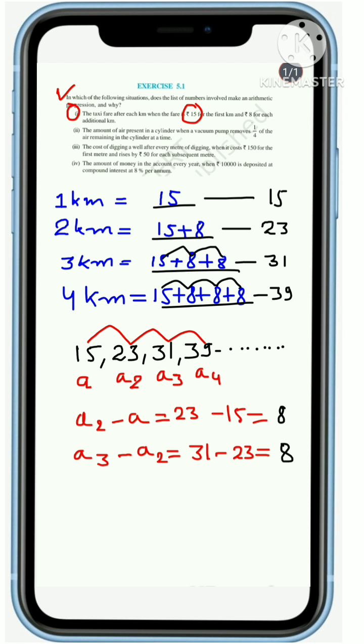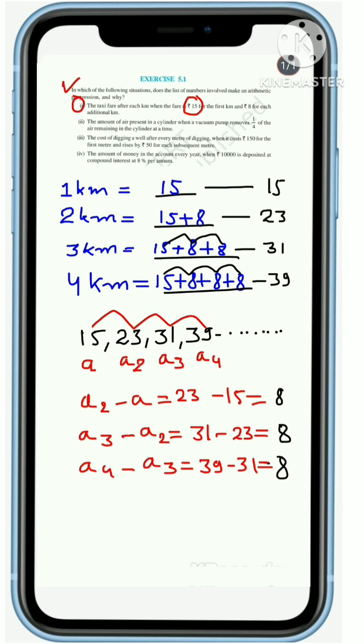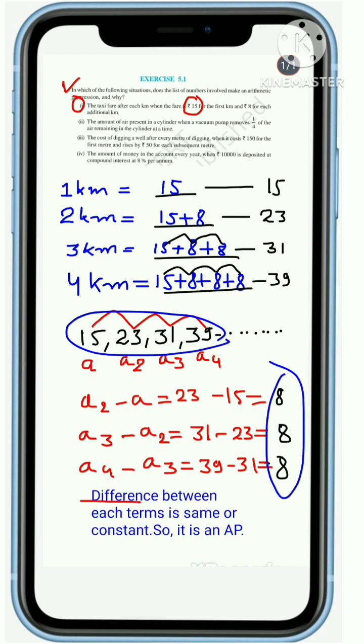Similarly, difference between A4 and A3, A4 minus A3, and A4 we have 39 minus A3 we have 31, and after subtracting again we obtain 8. In this way we came to know difference between each term is constant or same, that is 8. So we can write difference between each term is same or constant, so it is an AP.